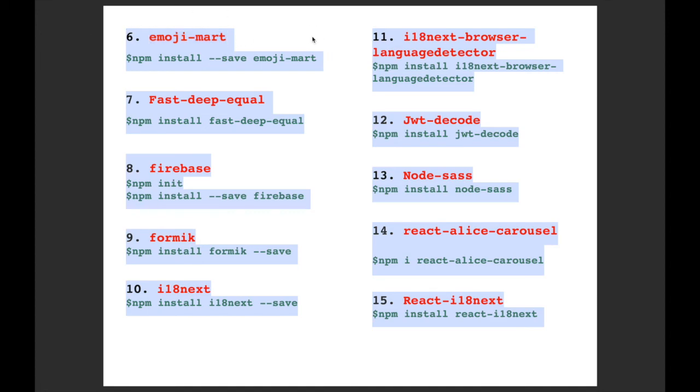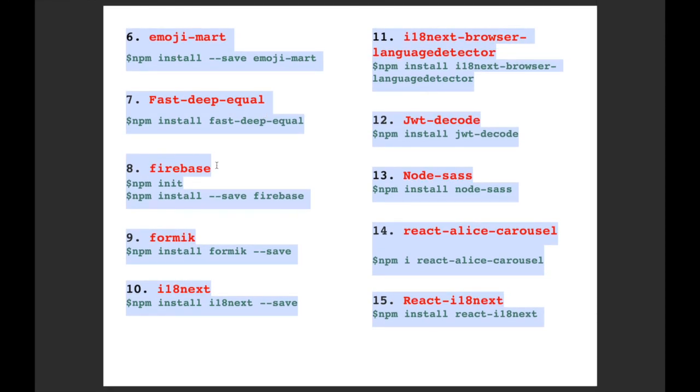So the emoji that we will be using inside our project for the chat will be imported from this library, Emoji Mart. Then comes this fast-deep-equal. So fast-deep-equal basically helps in comparing ES6 map, set, and typed arrays. So basically it provides support for writing ES6 version code in our project.